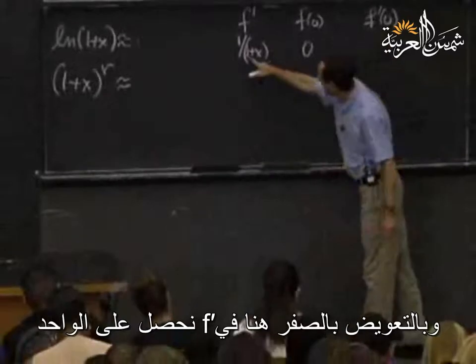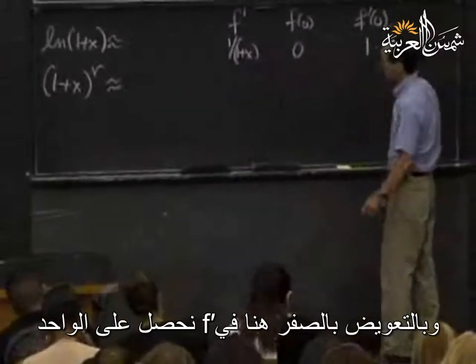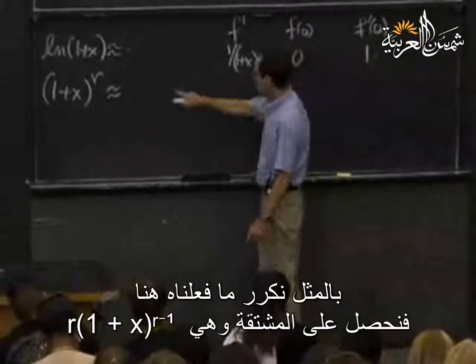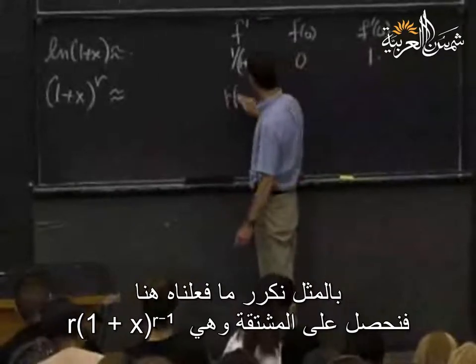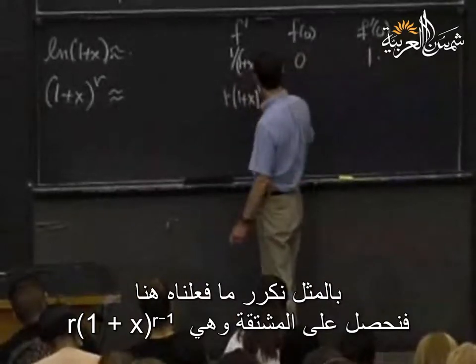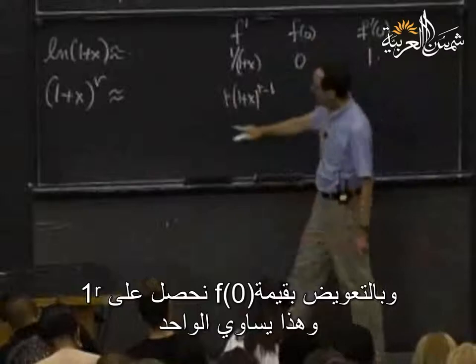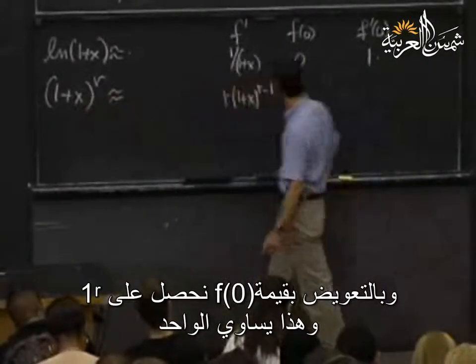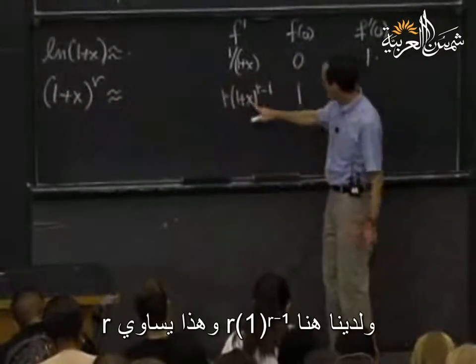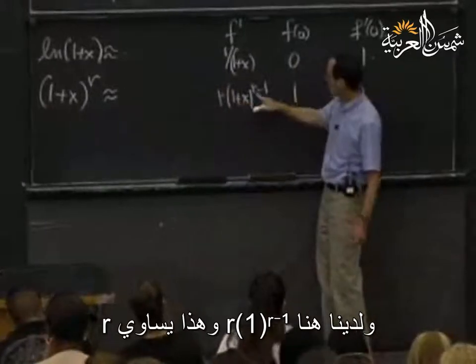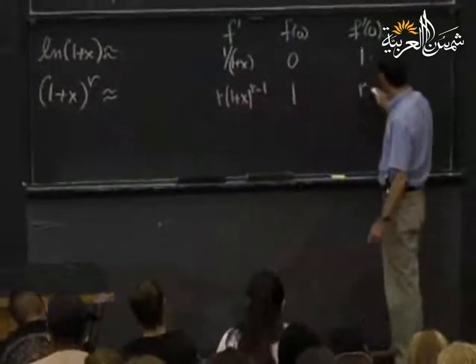And f prime, if I plug in 0 here, I get 1. Similarly, if I do it for this one, I get r times 1 plus x to the r minus 1. When I plug in, f of 0 is 1 to the r, which is 1. And here I get r times 1 to the r minus 1, which is r.